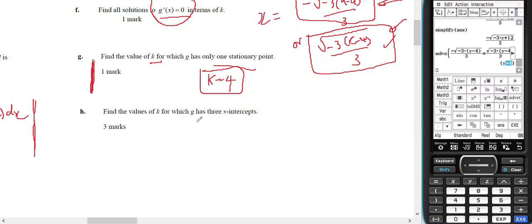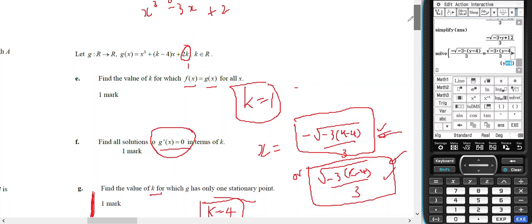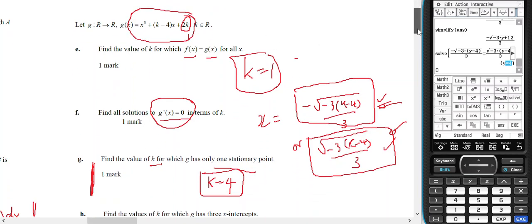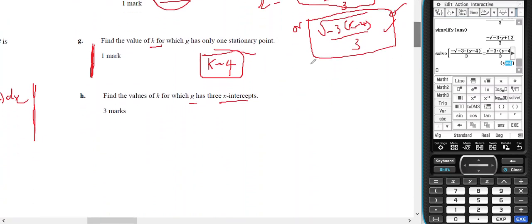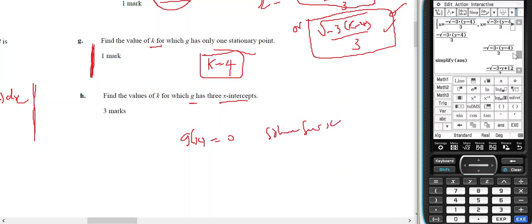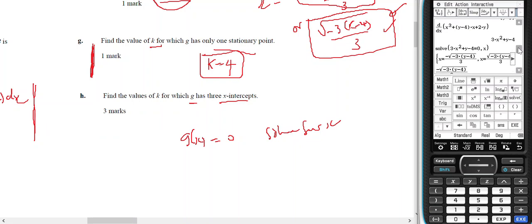And lastly, the values of k for which g has 3 x-intercepts. So g is this thing here. We're not talking about stationary points here, we're talking about intersection points. So if I do g of x equal to 0 and solve for x, that will give me the x-intercepts. So where is my g of x? Here is my g of x. Copy, come down, paste.